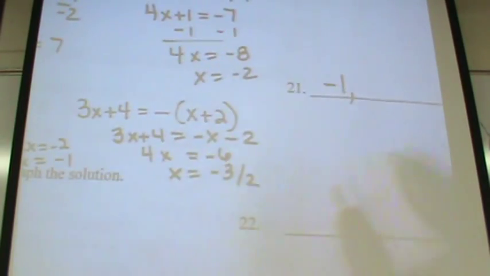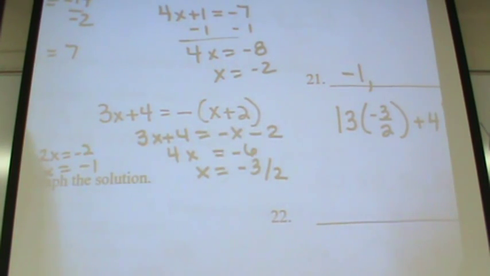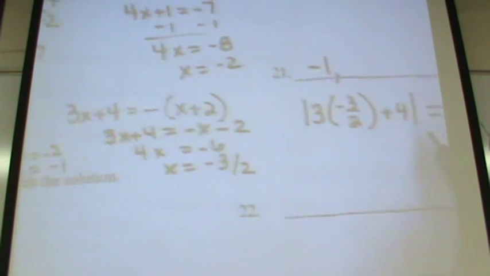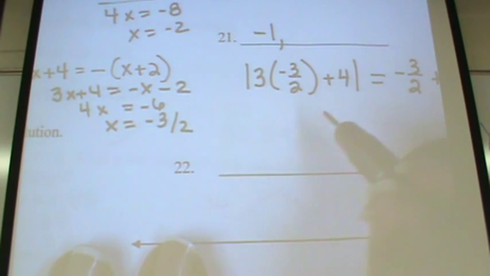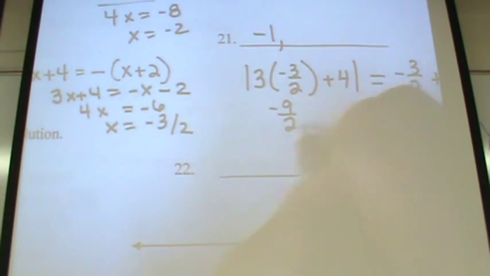We're going to have to check this one. So 3 times negative 3 halves plus 4. Does this equal negative 3 halves, which is negative 1½ plus 2? Do these two sides match up? Well, 3 times negative 3 halves is negative 9 halves plus 4.